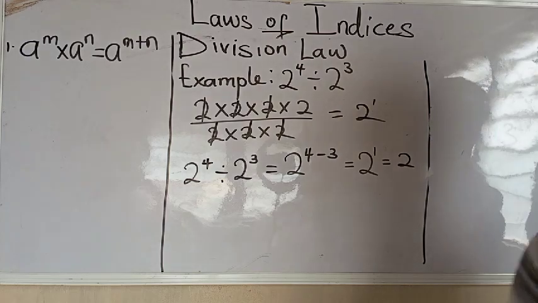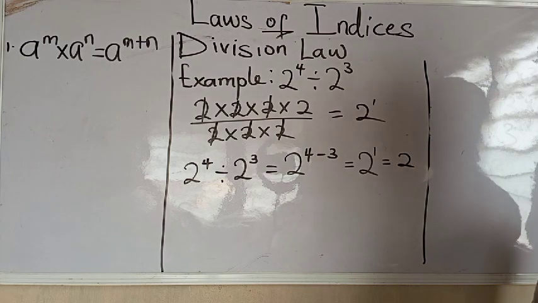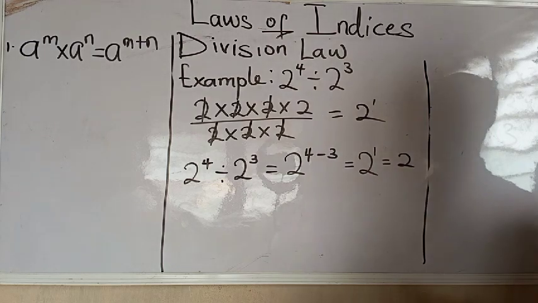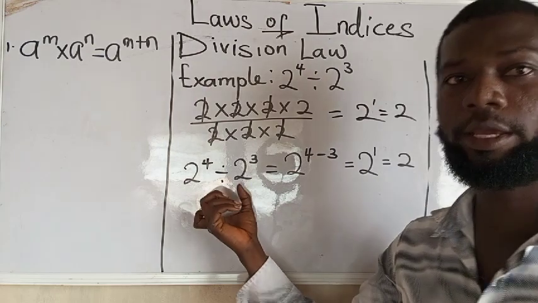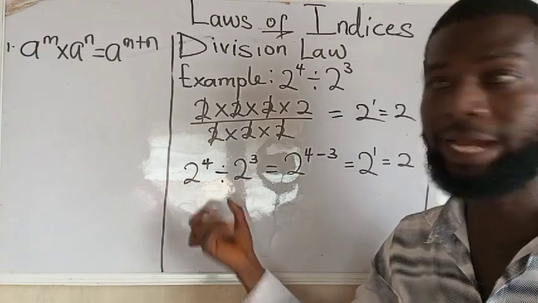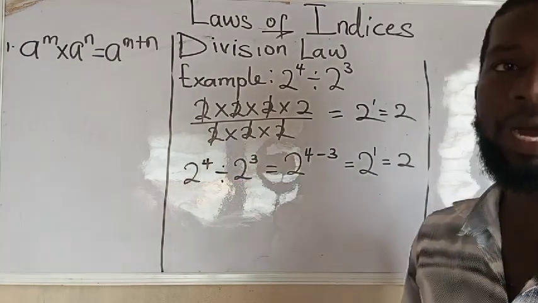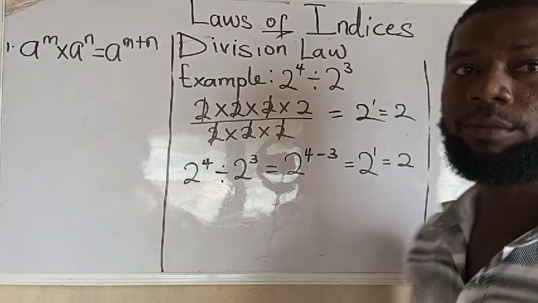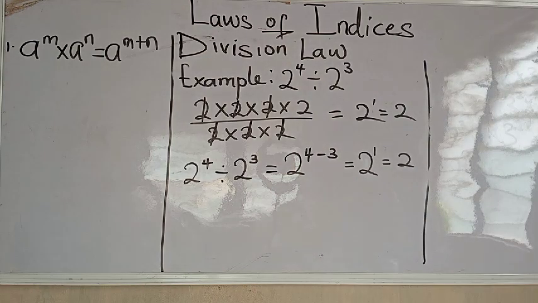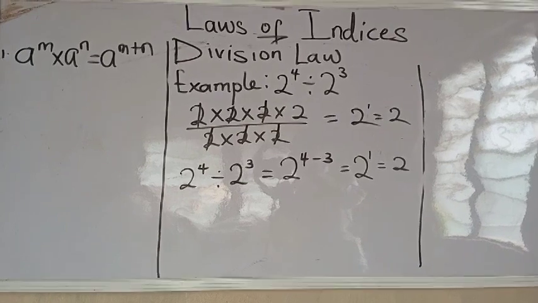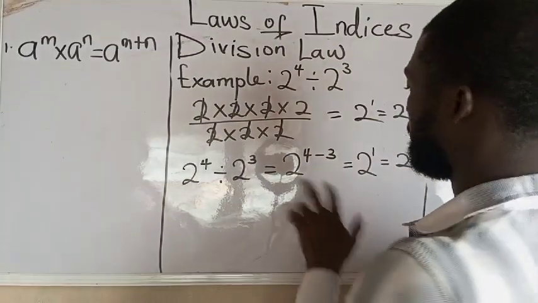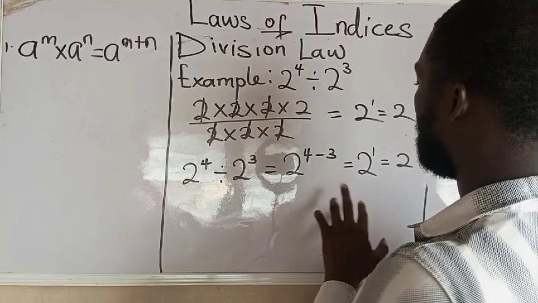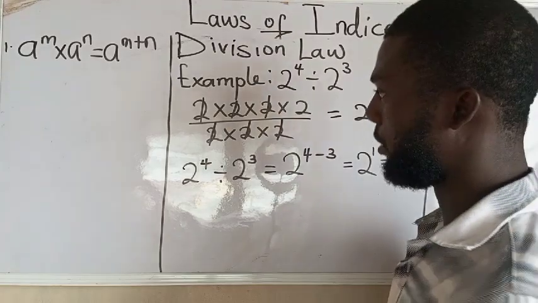Now, as you can see, this brings us to the division law, which states that if you have equal bases with different powers, it's the same as subtracting the powers to give us this answer.